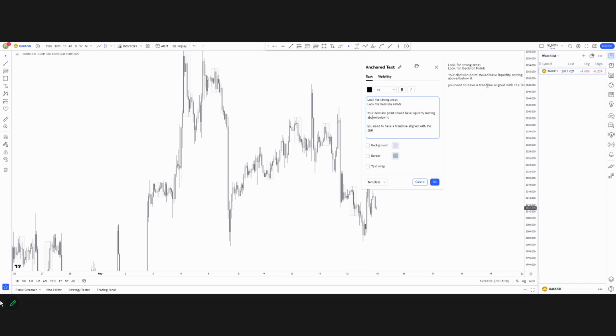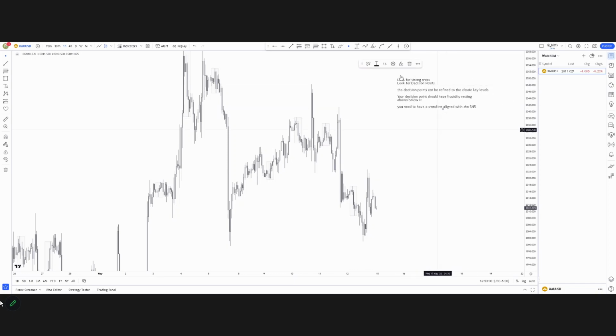And decision points can be refined to the classic key levels. So that's the point.